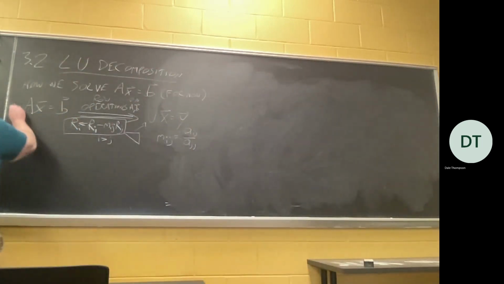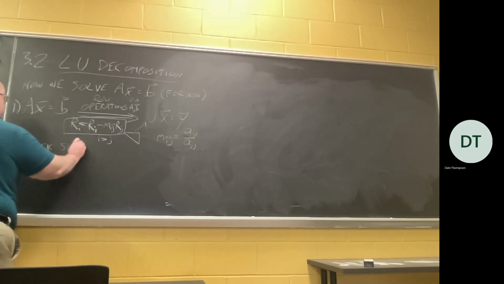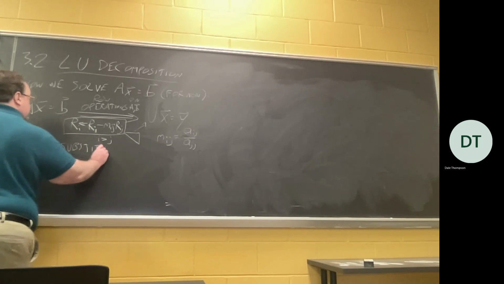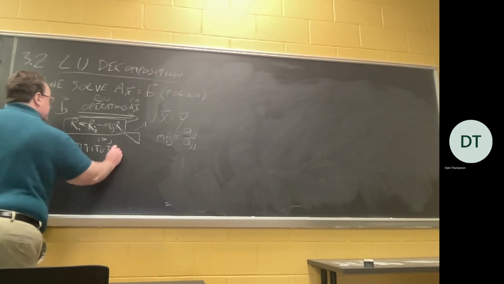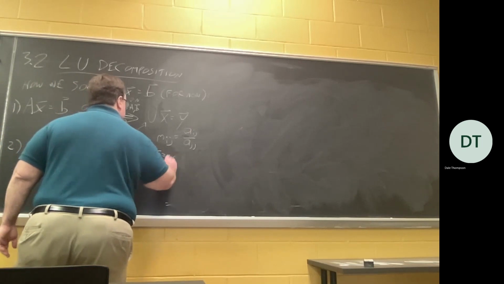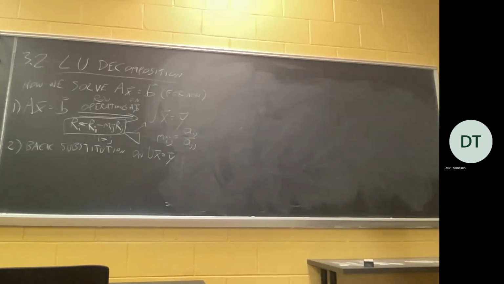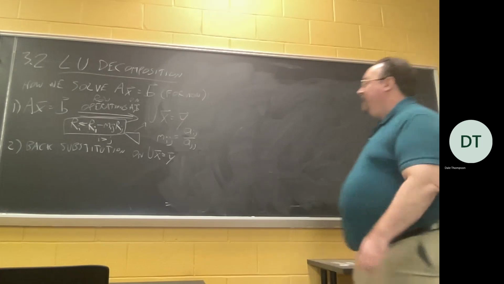And that's the first step. Then the second and final step is we use back substitution, applied to this new upper triangular system, and then we have our solution and we're done. Okay, fine. It gets the job done.